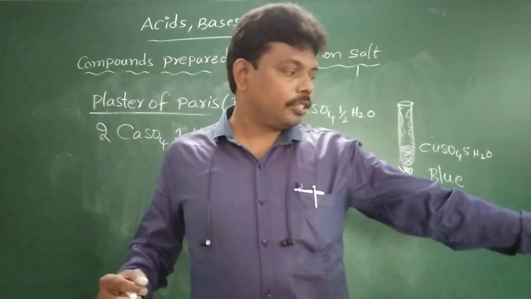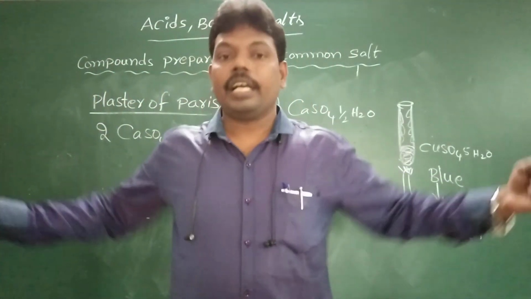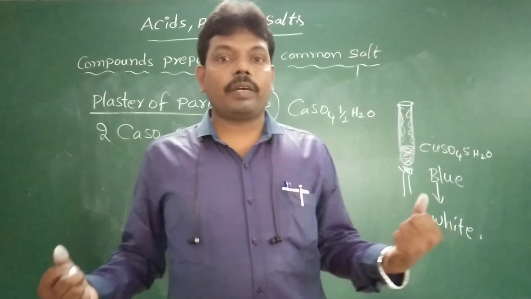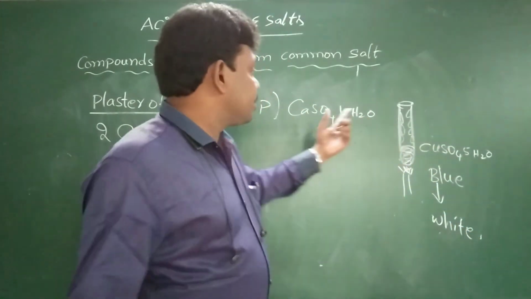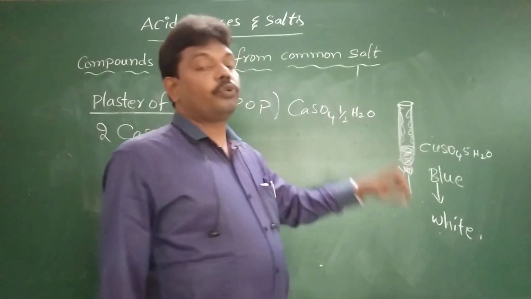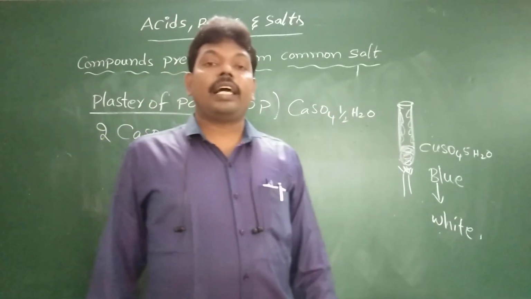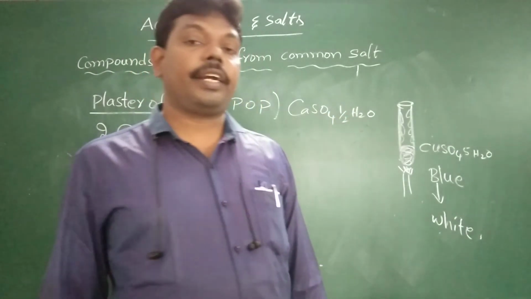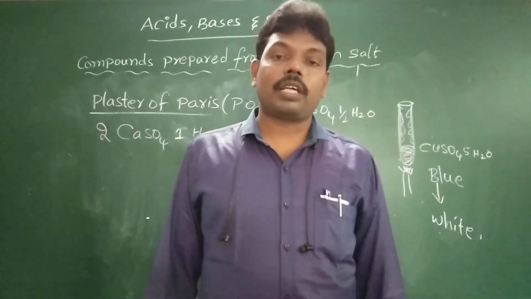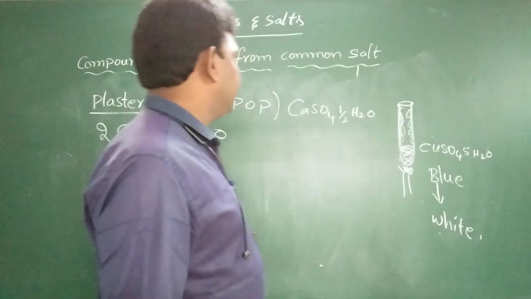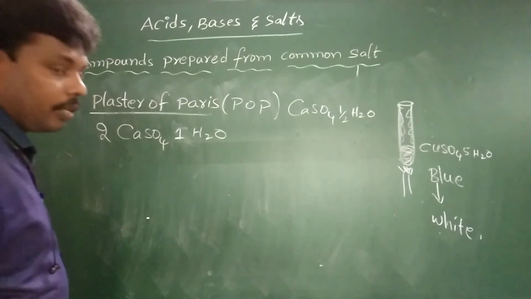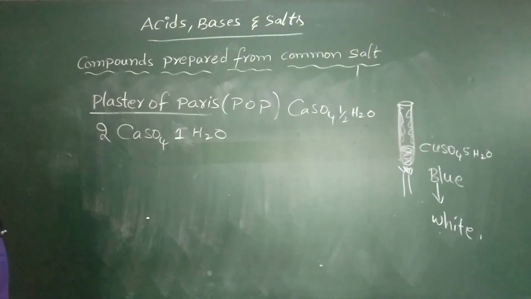This is the calcium sulfate, and these two are sharing me, the water molecule. But if you want to write the formula, CaSO4 half H2O, it is called calcium sulfate hemihydrate. This is the plaster of Paris.